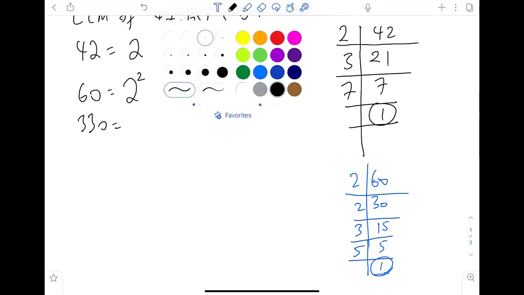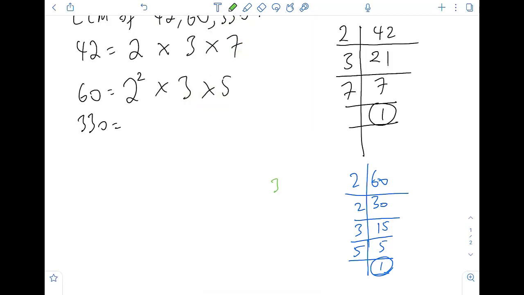Okay, and the last one we do is 330. You can divide by 2, and you get 165. 165 cannot divide by 2, but you can divide by 3 to get 55. 55 you cannot divide by 3.